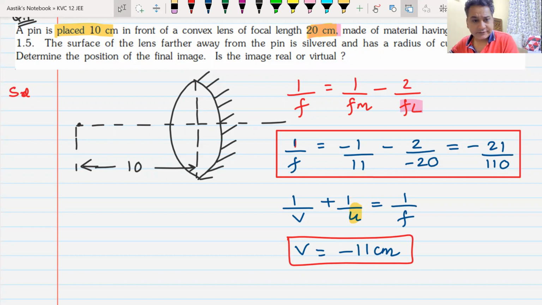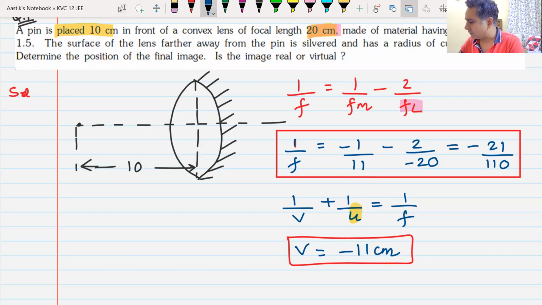You're not getting it? What are you getting? 1 by 110. Okay, so 1 by f equals minus 1 by 11 minus 2 by minus 20 equals minus 1 by 110.